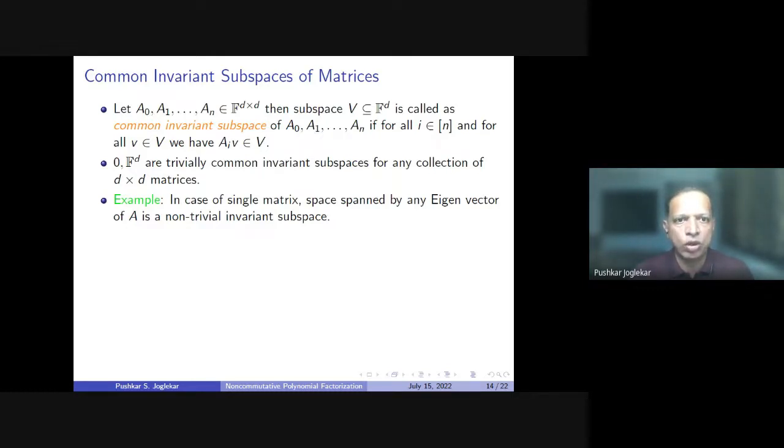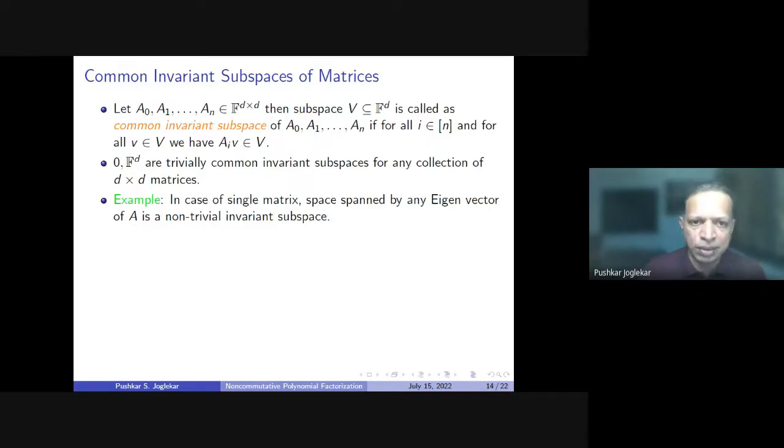So let A0, A1, and so on up to An be D cross D matrices over a field F, and V is a subspace of F to the power D. It is called an invariant subspace of these matrices if for every i, if we apply Ai on any vector v in V, we get back a vector in V. So clearly 0 and F^D are trivial common invariant subspaces for any collection of D cross D matrices.